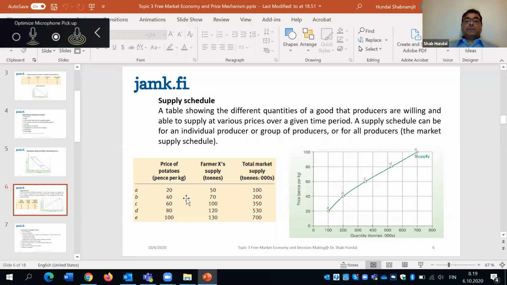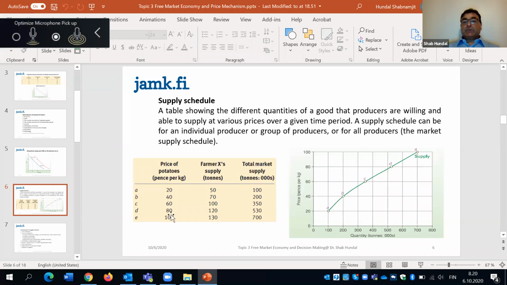Now imagine the cost of production of the potato is 17 pence and the price is 20. It means that the profit per kilo is 3 pence. Now when the price moves to 40, the gap between 40 and 17 is 23. The profit per kilo is 23 pence.